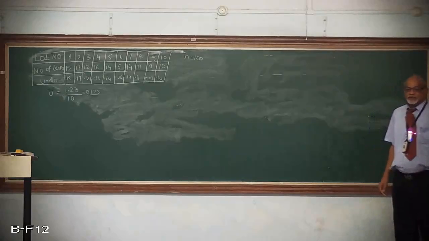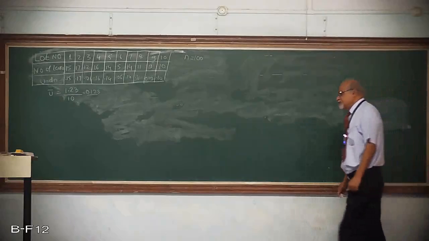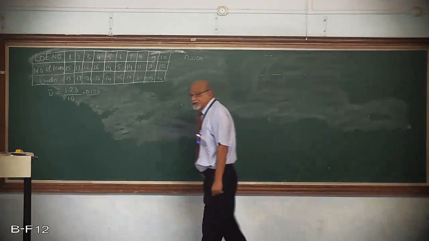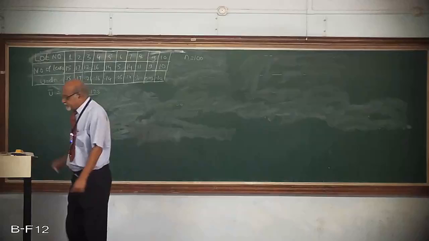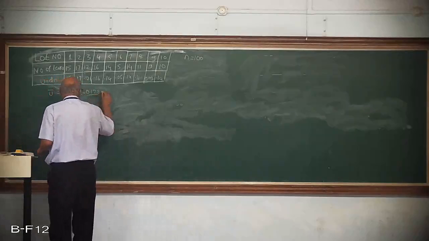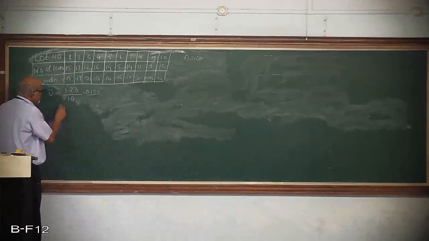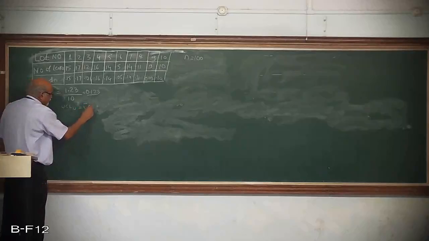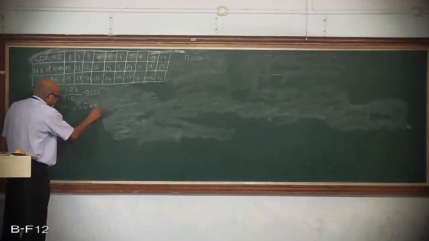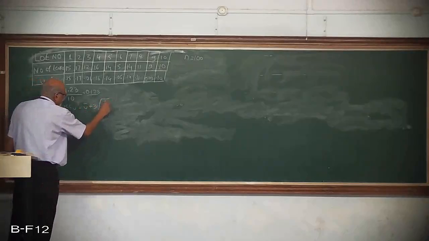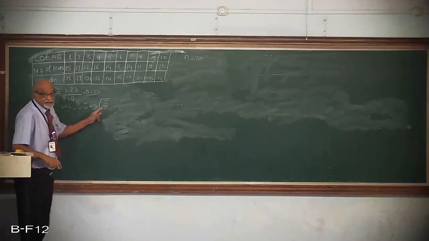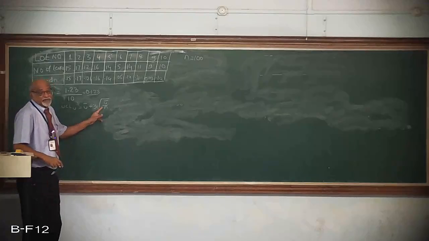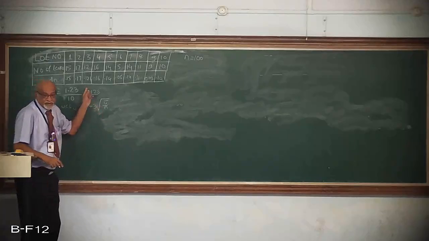Sometimes the statistic is a funny thing. So with U bar 0.123, the upper control limit, UCL_U, is U bar plus 3 sigma limit, that is U bar plus 3 times square root of U bar by n, where n is the sample size, 100.